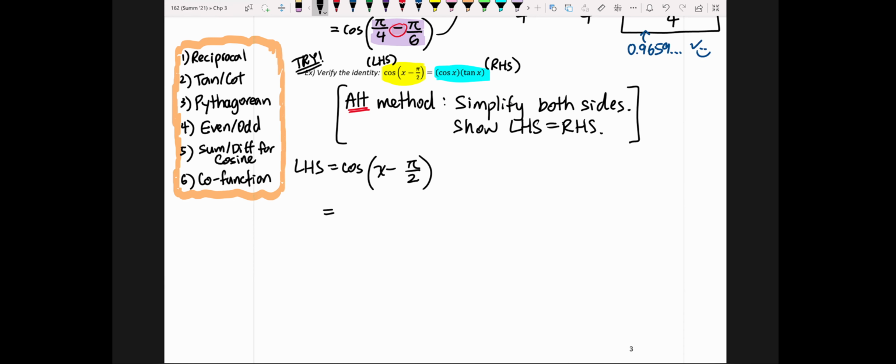Okay, so I'm interested to see, did we use identity group 5 or 6? Just type that into my DMs, because either way would work here for the left-hand side. We can use number 5 or 6. Which one did we use to simplify the left-hand side?